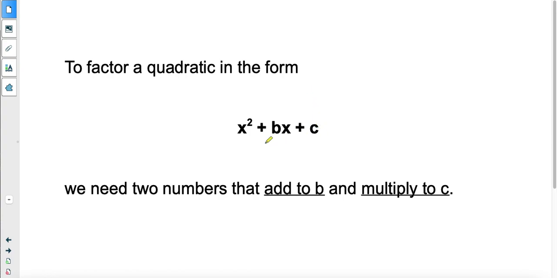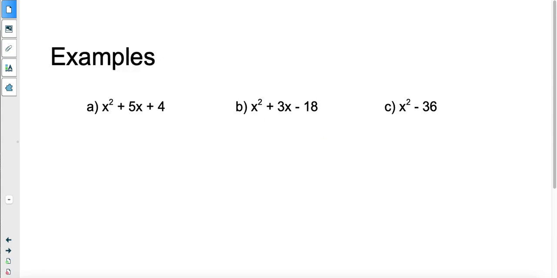So whenever I have a quadratic in this form, x squared plus bx plus c, we need to find two numbers that add to b and multiply to c. We're going to use that idea to help us factor some expressions.